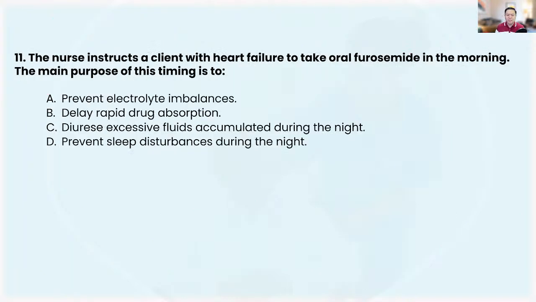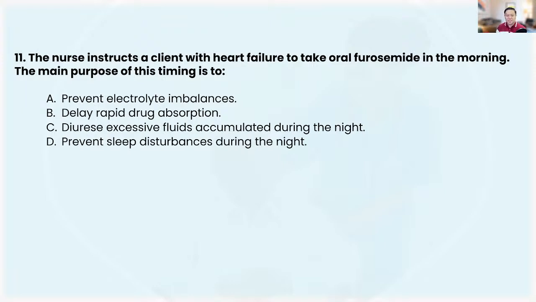11. The nurse instructs a client with heart failure to take oral furosemide in the morning. The main purpose of this timing is to A, prevent electrolyte imbalances, B, delay rapid drug absorption, C, diurese excessive fluids accumulated during the night, or D, prevent sleep disturbances during the night.